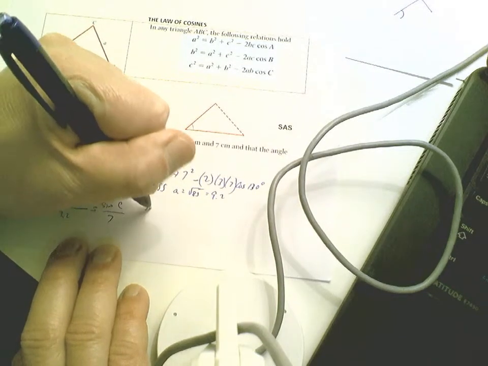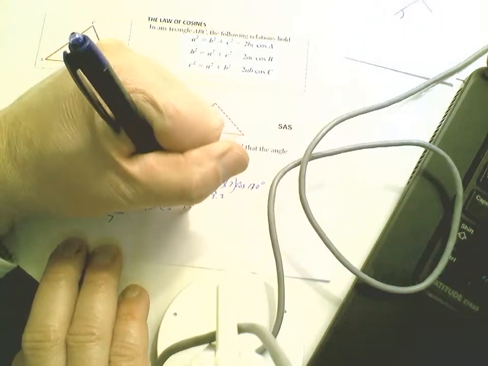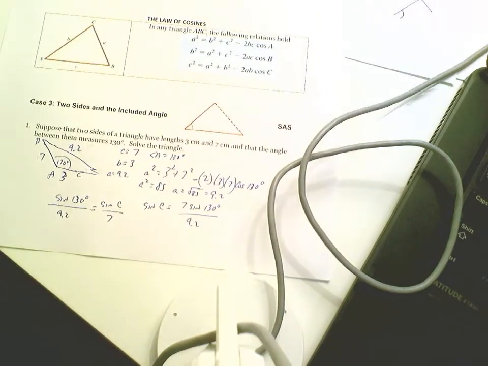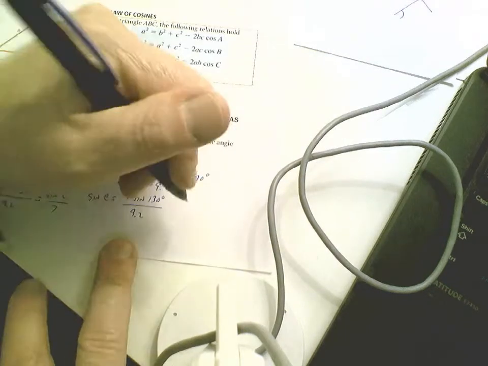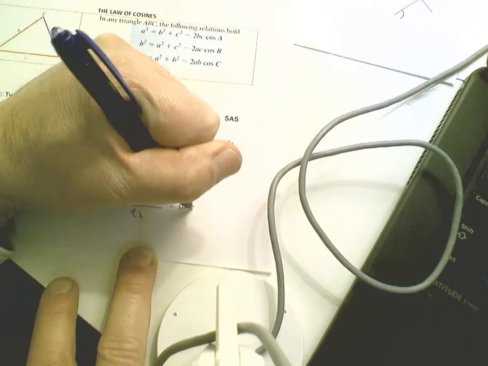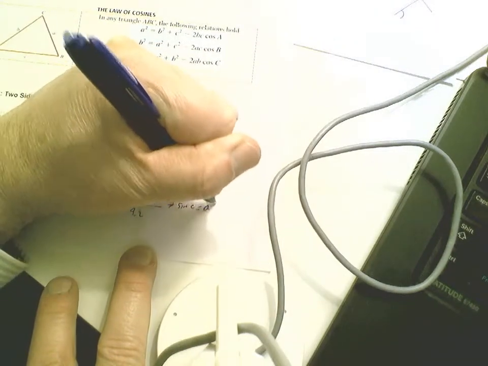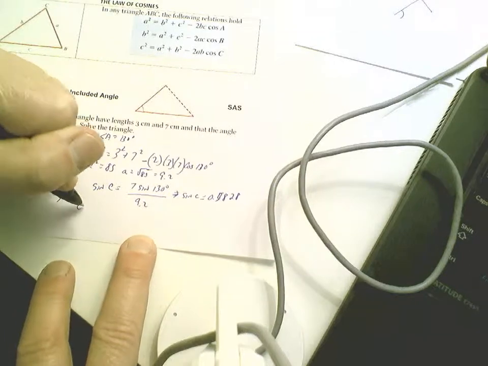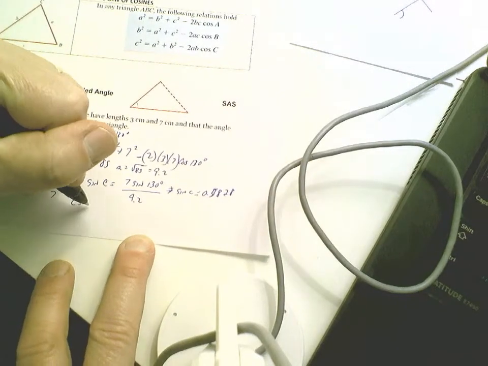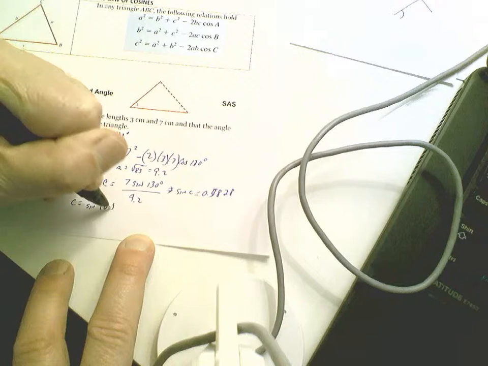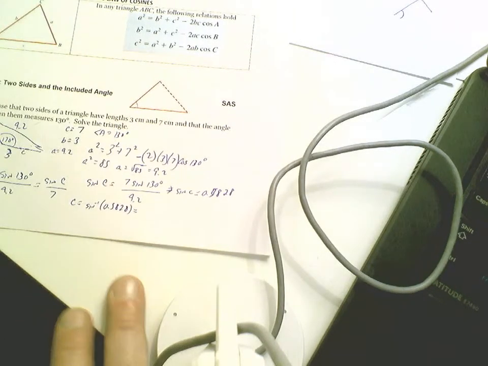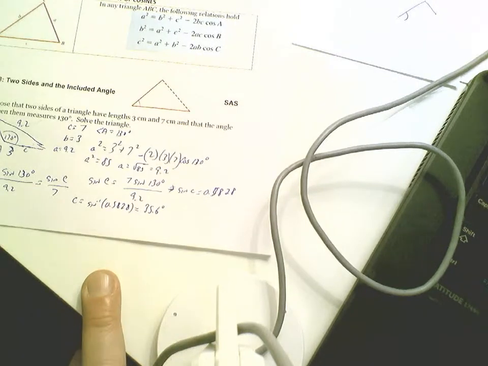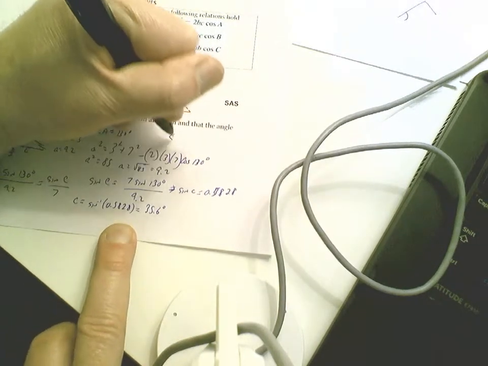Sine of C equals 7 times sine of 130 degrees over 9.2. We'll walk into that saying sine of C is equal to 0.5828. Angle C equals the inverse sine of 0.5828, which brings me 35.6 degrees. I now have angle C equals 35.6.